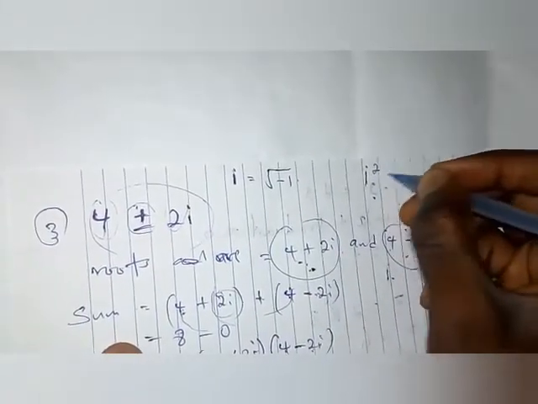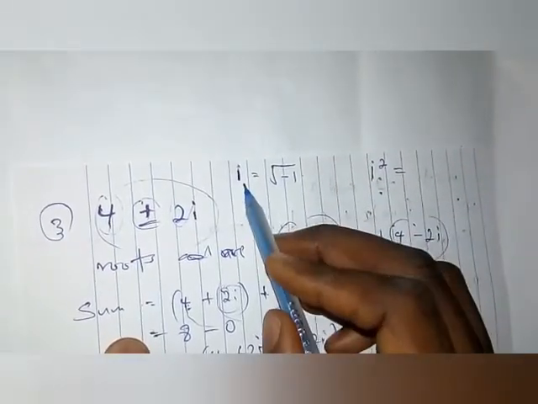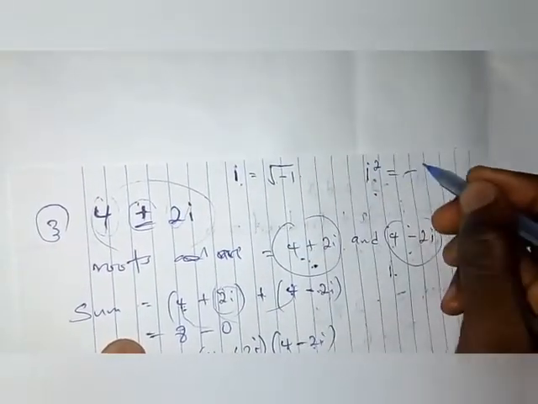Since i is the root of -1, i squared is -1.